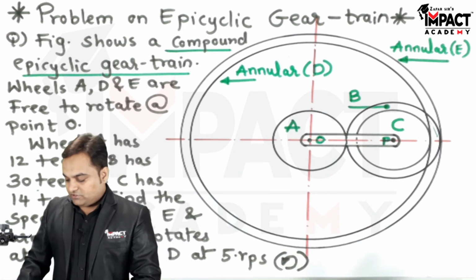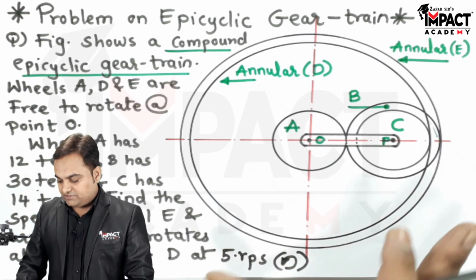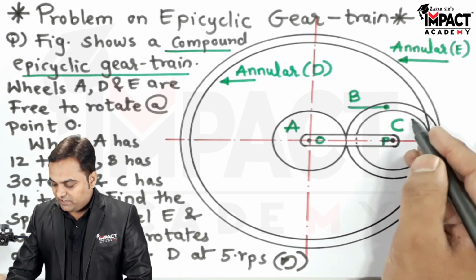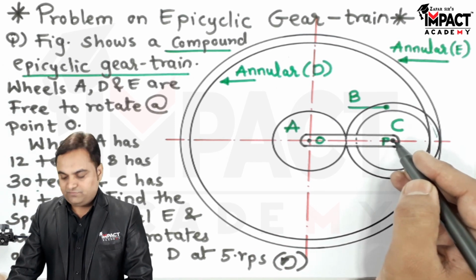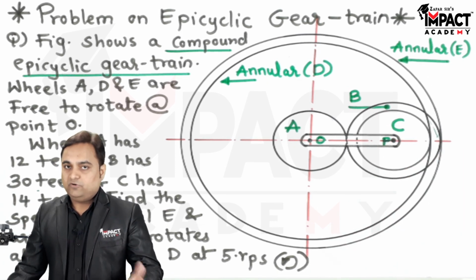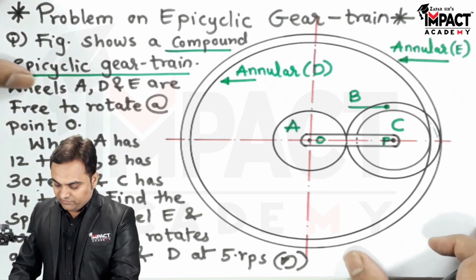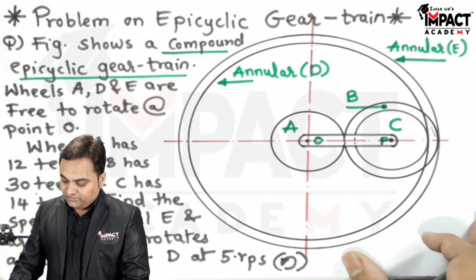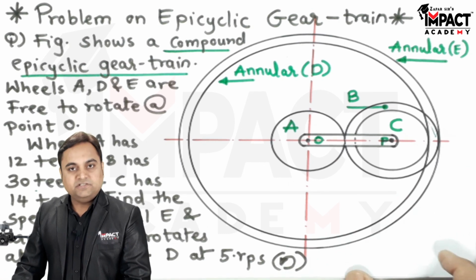So by looking into this problem, this is a problem of epicyclic gear train, and B and C, since we have two gears mounted onto the same shaft, are called compound gears. So it becomes an epicyclic compound gear train problem. Now whenever we have such problems, the first thing we should do is to find the number of teeth on all the wheels.